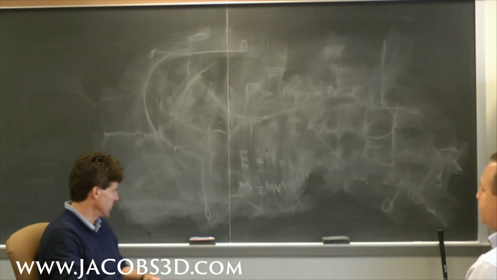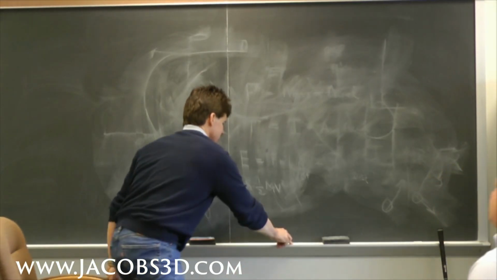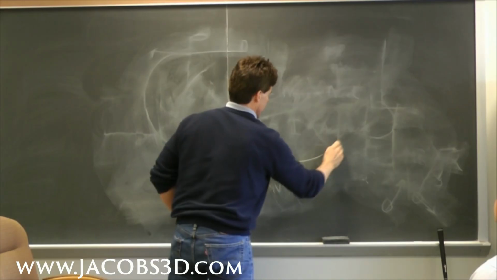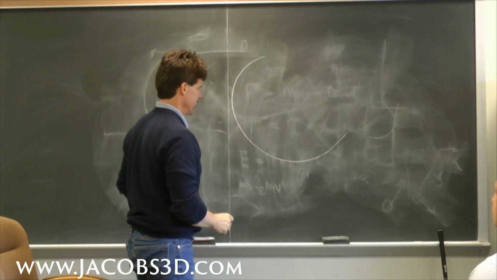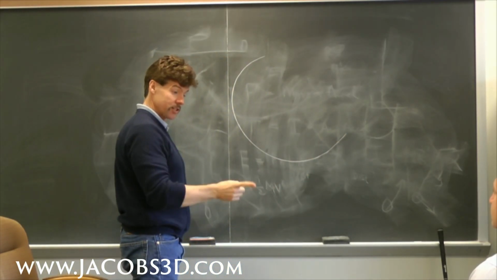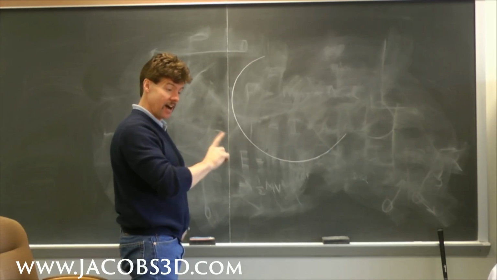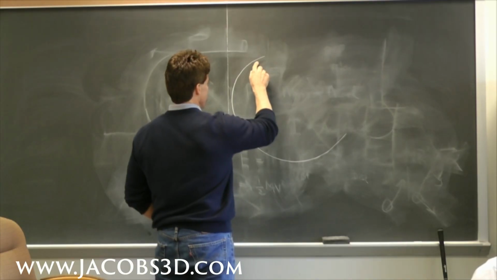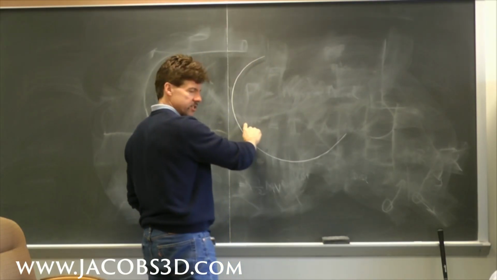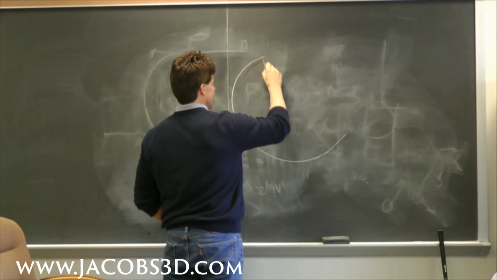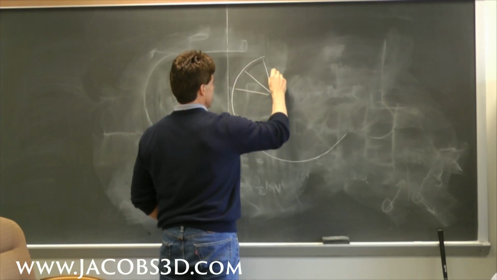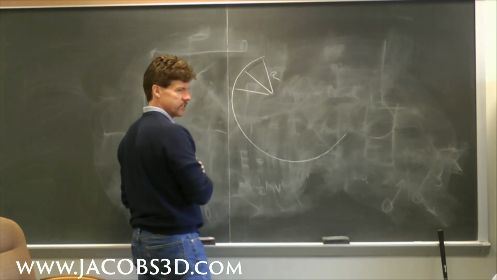Center of curvature. Okay, so let me draw the hub path again. Obviously the hub path is circular, but it's not a constant radius circle. The degree to which this curves is the radius of curvature.